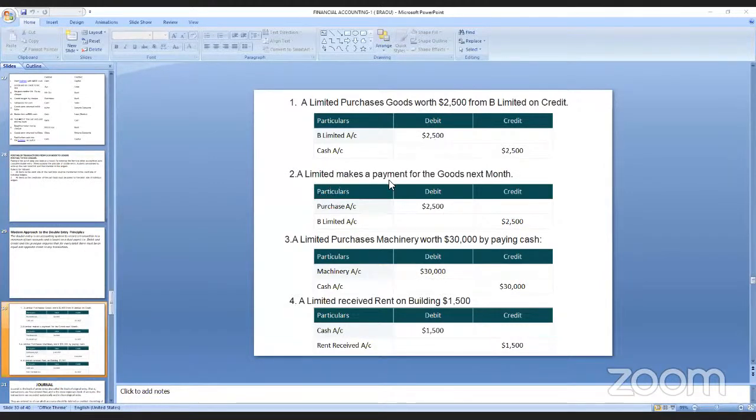A Limited makes a payment the next month. Means first he has purchased on credit. That's why we have to write purchases account debit to B Limited, because A has not paid the cash. So that's why B Limited you have to write.